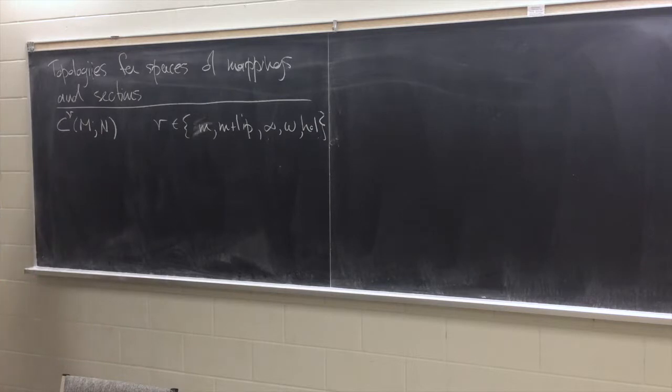Okay, so we want to talk about all of these regularity classes, and essentially what we want to do is be able to do this all at once, more or less.